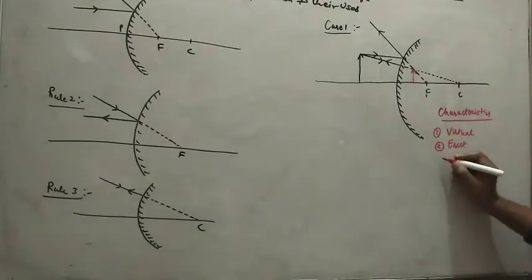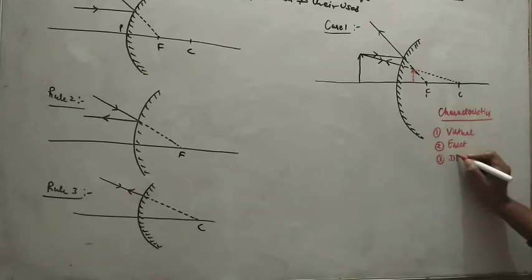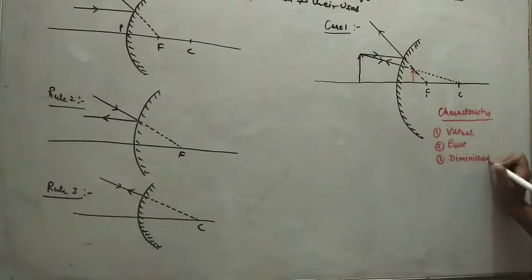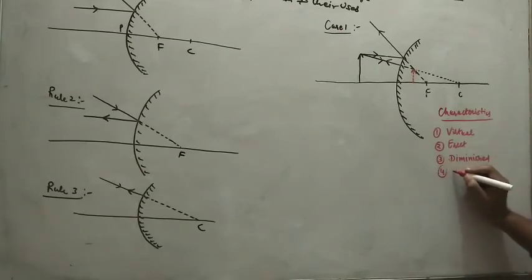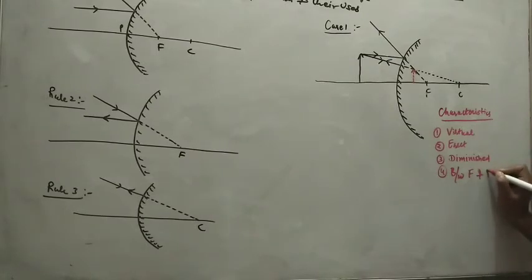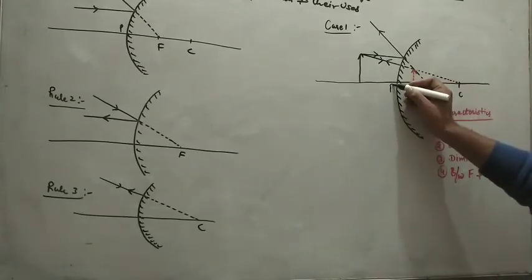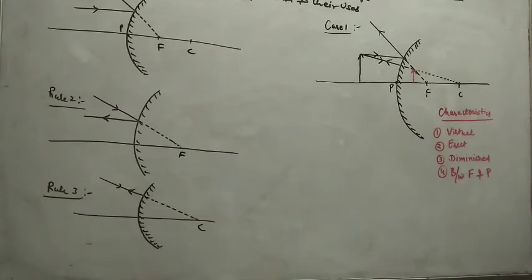Third, the size is small, that's why it is diminished. And always it will form between F and P. What is F? That is focus, and what is P? That is the pole. This is the pole. Right?